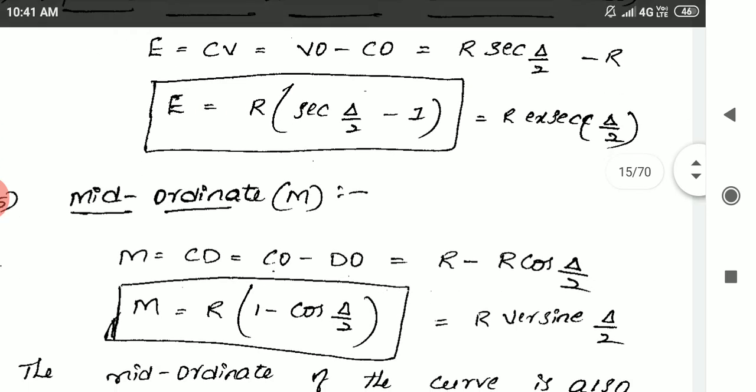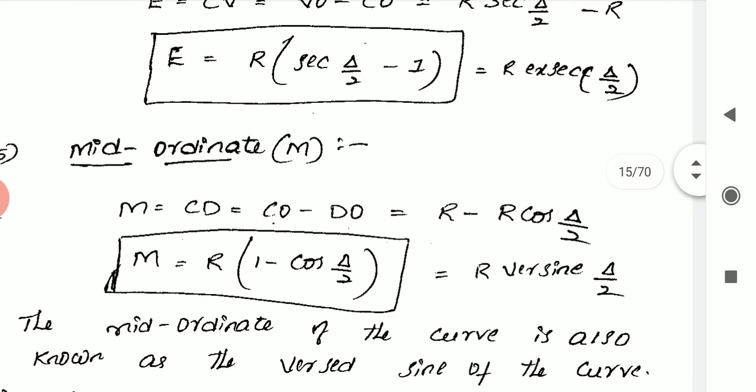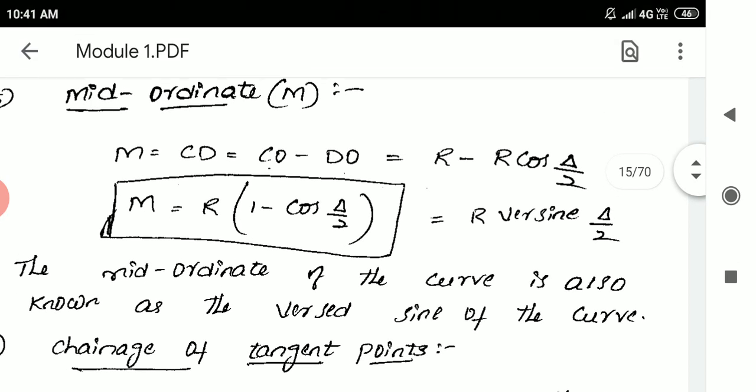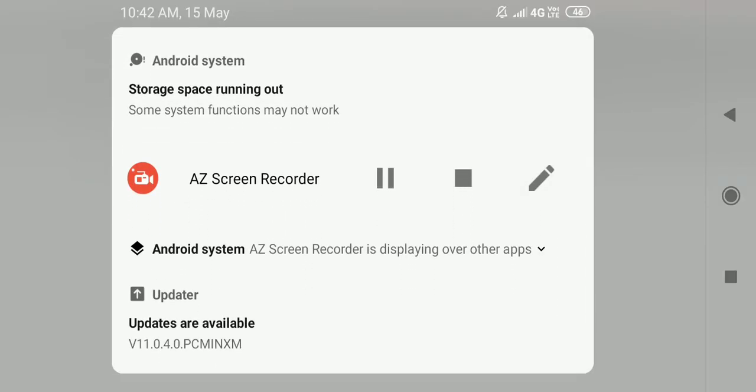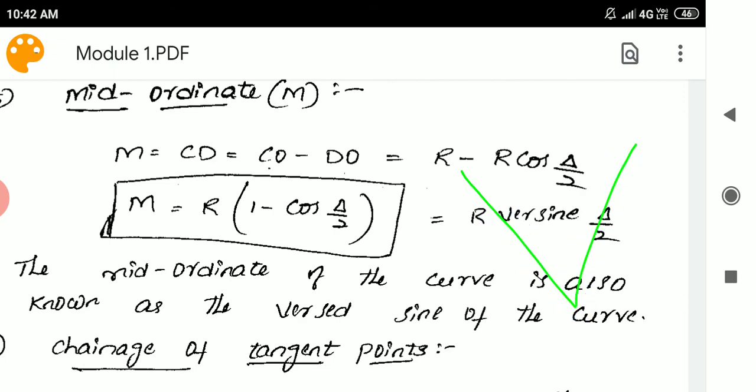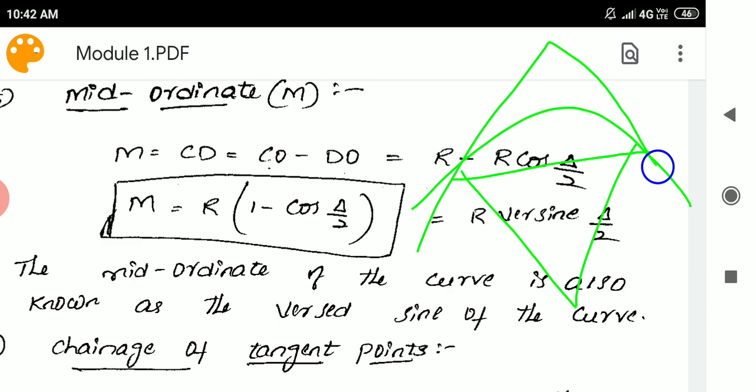Next, mid ordinate. This is the mid ordinate. This is V, this is C, this is O, so this is CD, and this one is the mid ordinate.